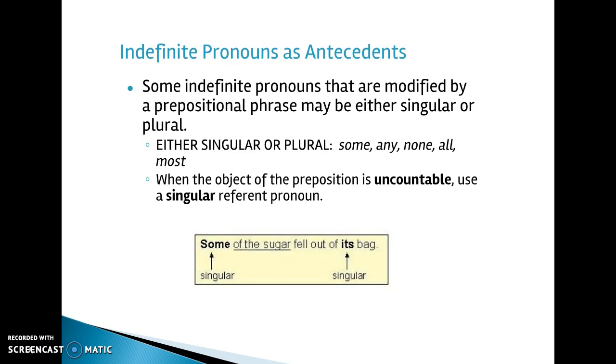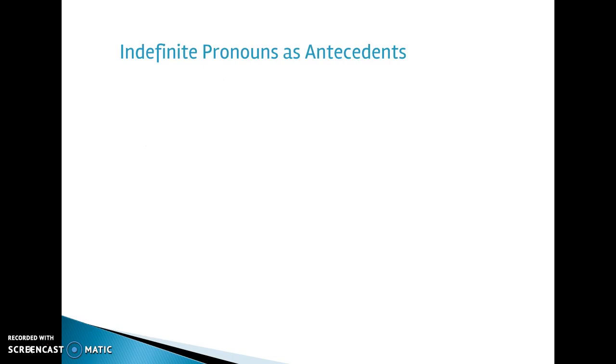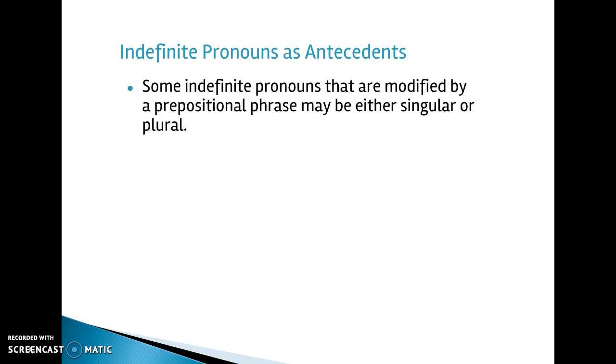I'm using this singular pronoun its because sugar is not a countable amount. I can't say 1 sugar, 2 sugar, 3 sugar. It's just kind of a vague sort of quantity of things. Sugar is considered like one cohesive unit. So sugar is uncountable, so the singular referent pronoun is used.